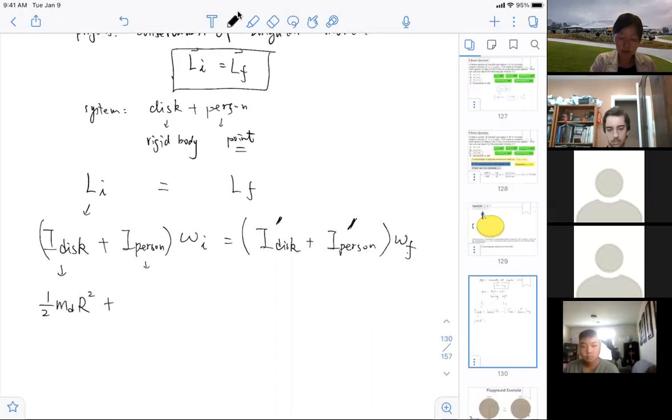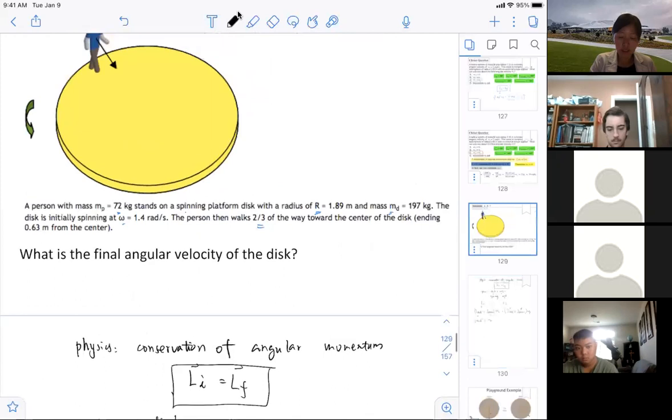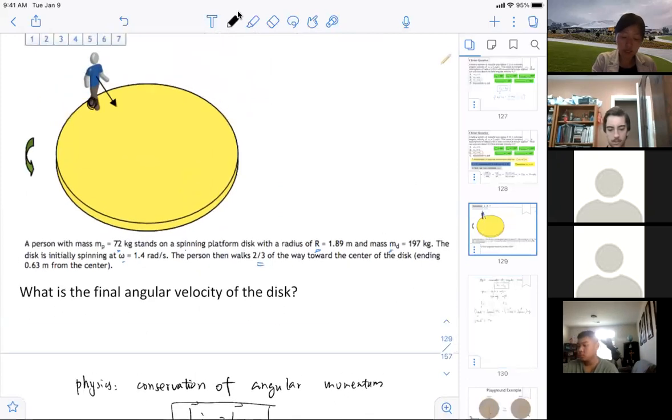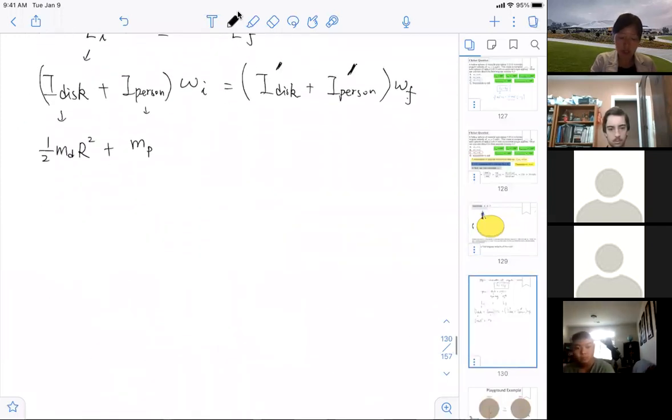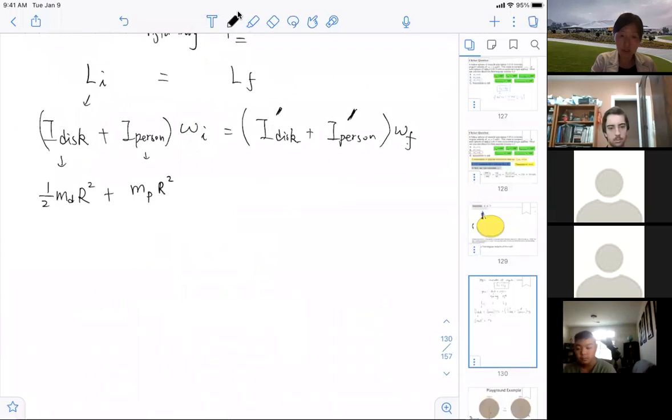Then the person: the mass of the person, M_P, times r squared. r is where the person is at. So initially the person is at the edge, right? So you're going to use the distance of this point particle to the center, which is also r. So I'm going to say M_P r squared for the person. These two added together is the total rotational inertia for the system. And it has a certain omega to begin with.